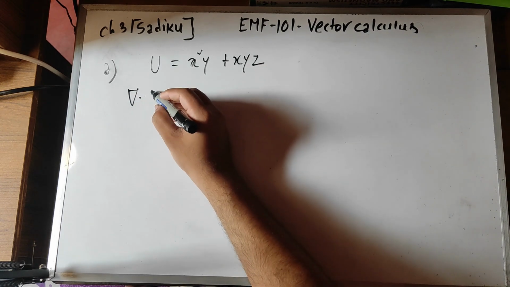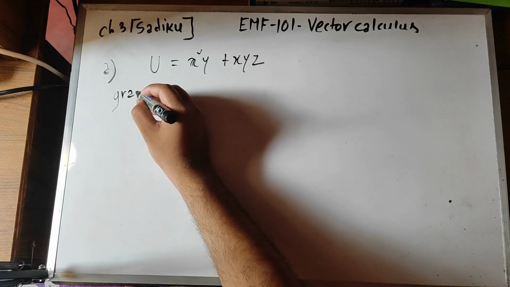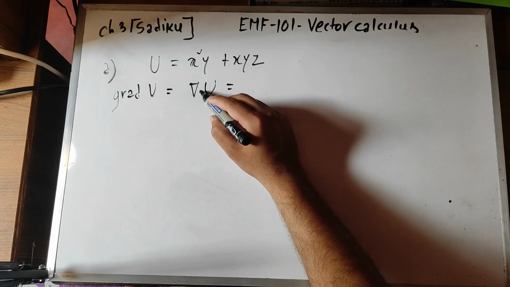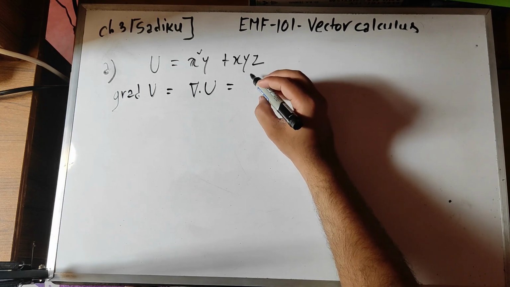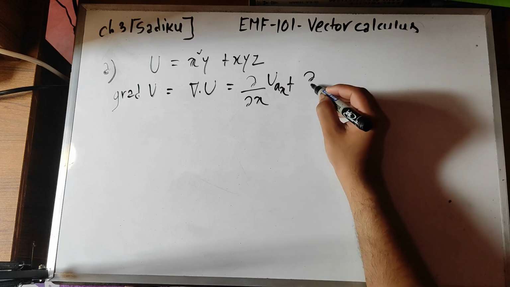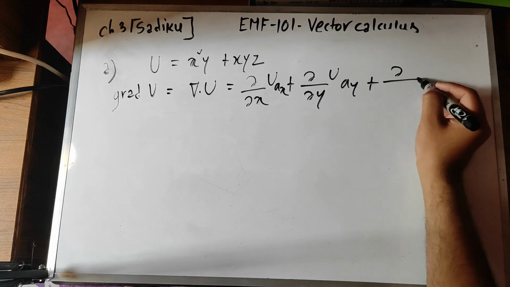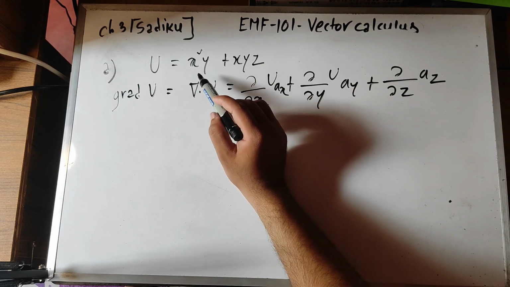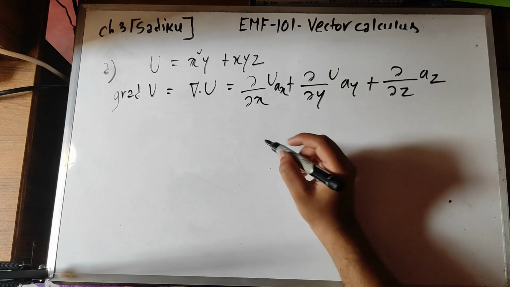So the gradient of U is the del operator applied on the scalar field U, which will give us del by del x of U in the direction a_x, plus del by del y of U in the direction a_y, plus del by del z of U in the direction a_z. So this scalar field is in the Cartesian coordinate system, so we have used the del operator in Cartesian.